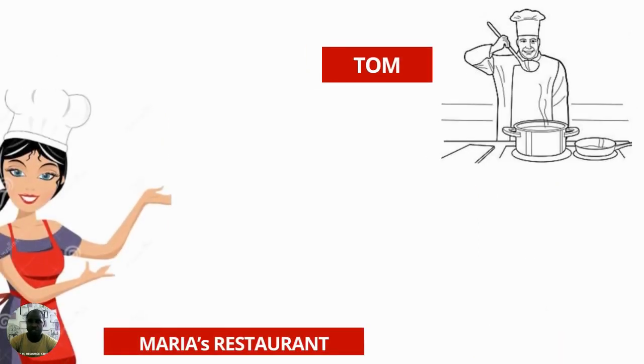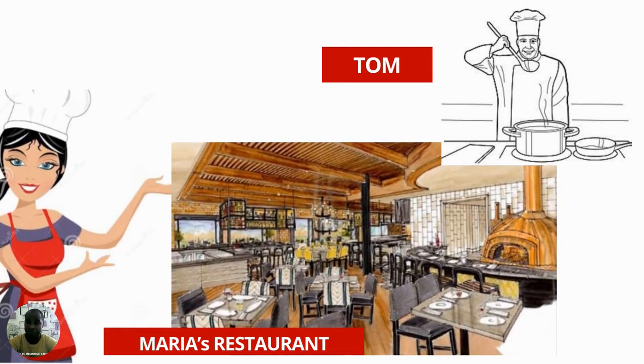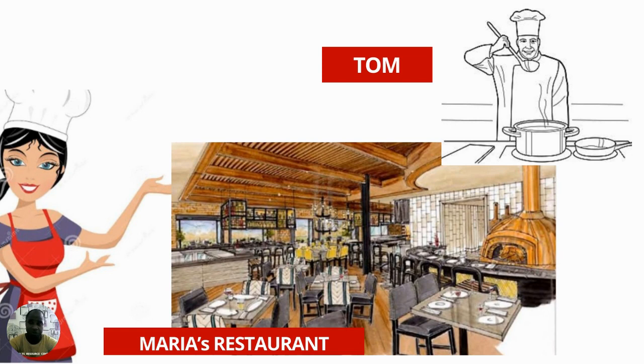All right, a third food critic named Tom visited Maria's restaurant a month later after Rachel's review. Tom found the food to be good, but not exceptional. He wrote in his review that Maria's restaurant is a decent option, but there are other restaurants in town that offer better value for money.